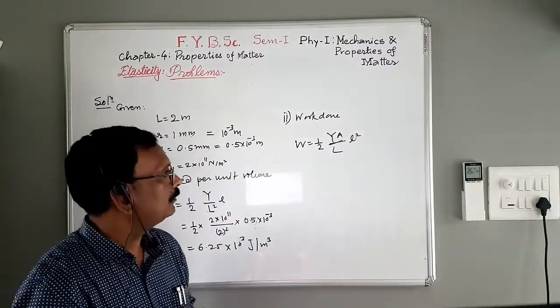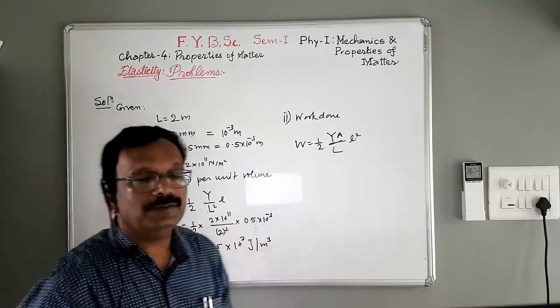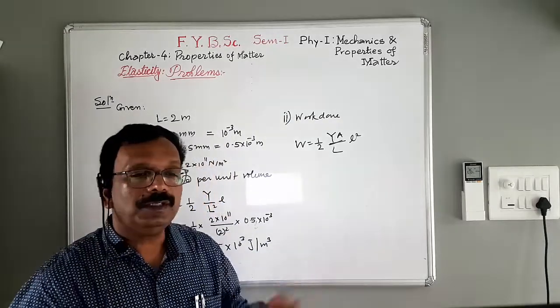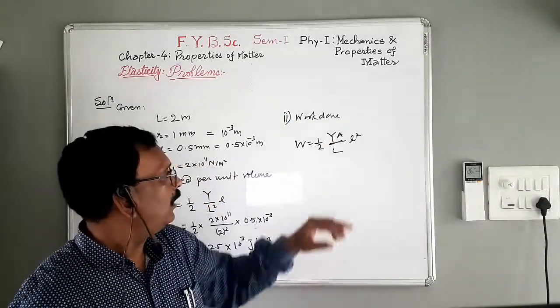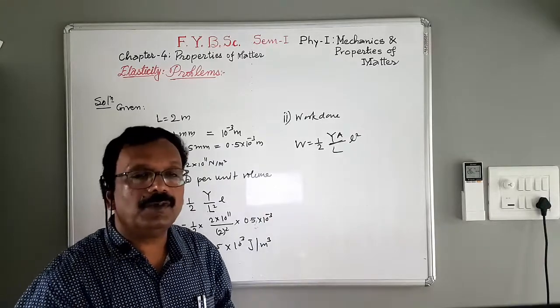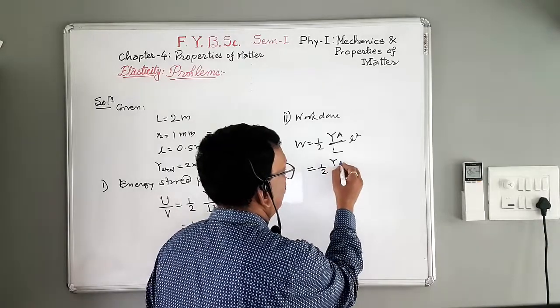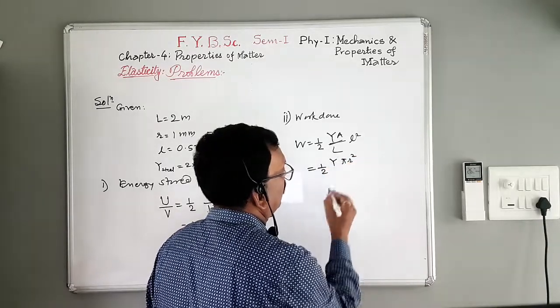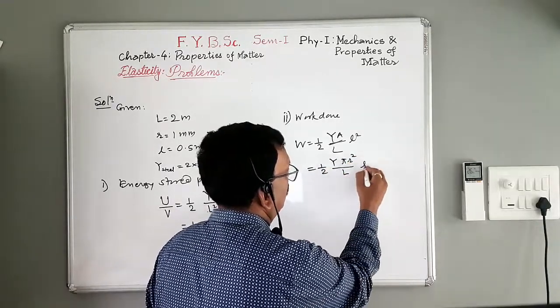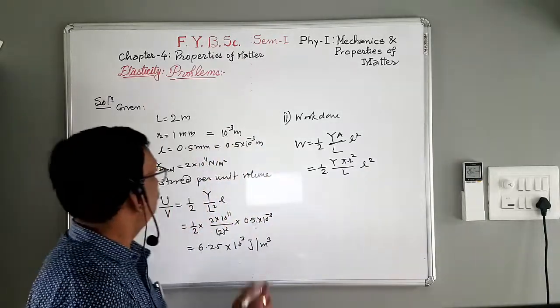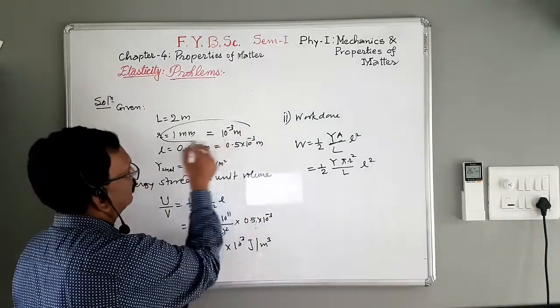Okay. Only here the area is given. Okay. Now here the wire is cylindrical, so we have 1/2 Y pi r square upon L into l square, because here the radius is given.